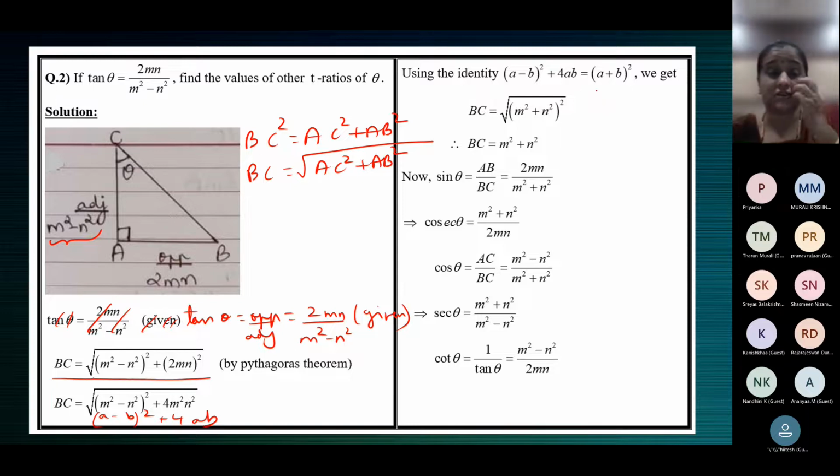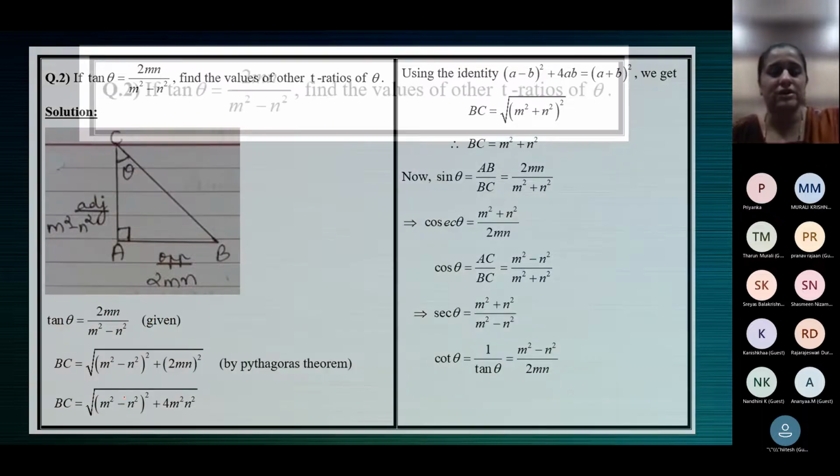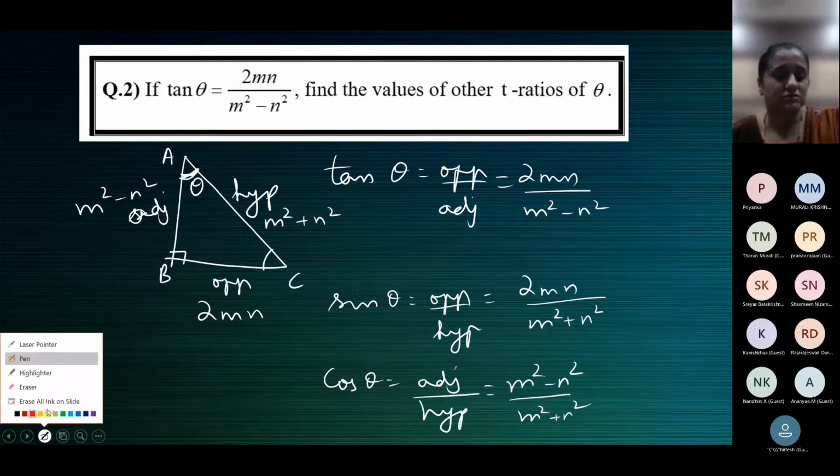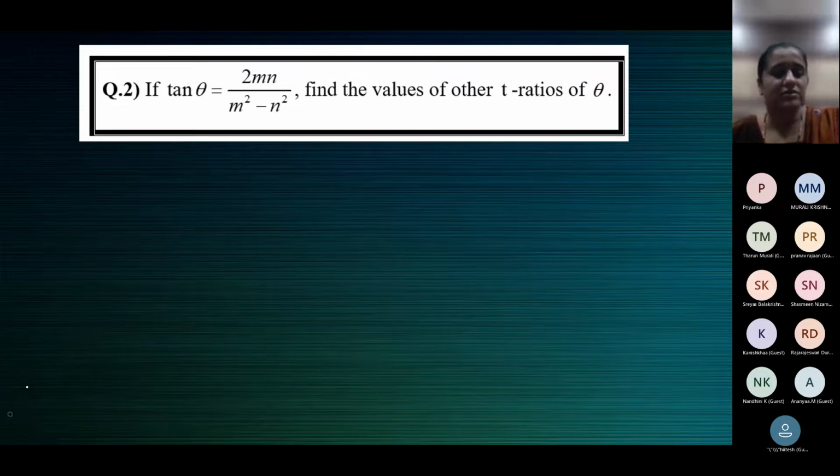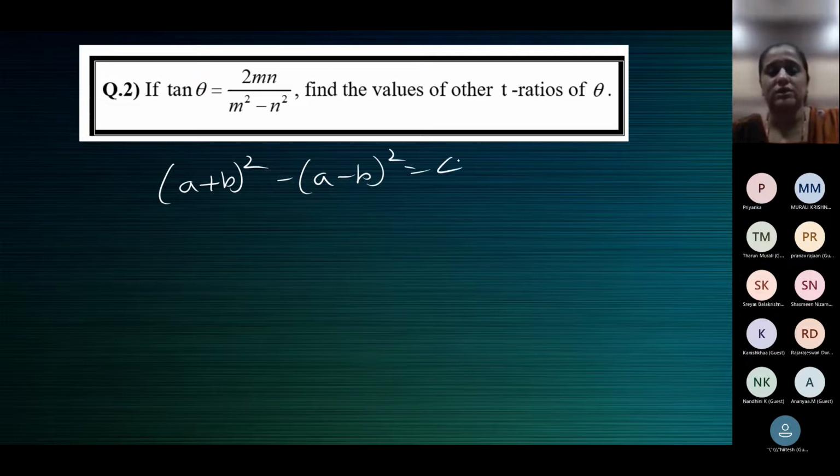So you can use identities to save time in simplification. Remember this main identity, you can write this in the margin: A plus B the whole square minus A minus B the whole square is equal to 4AB.